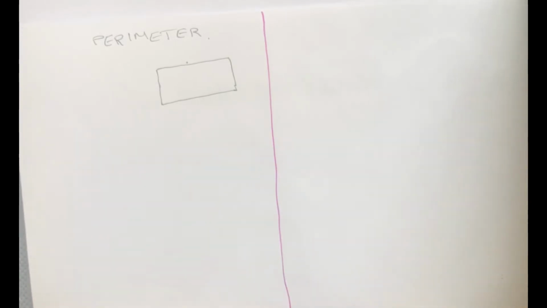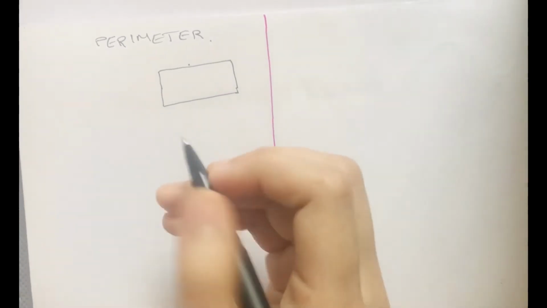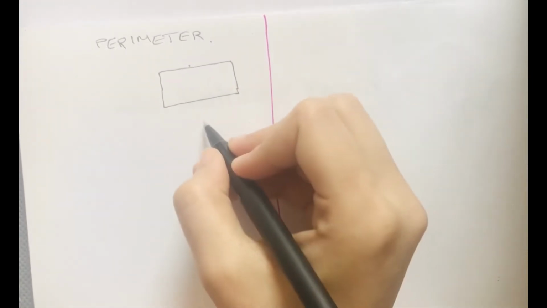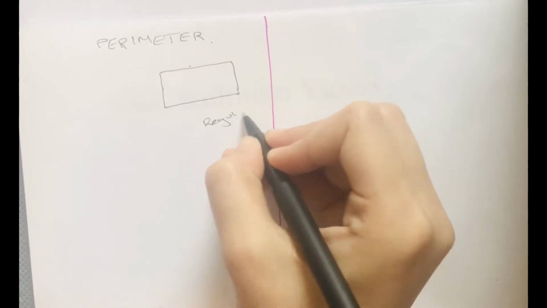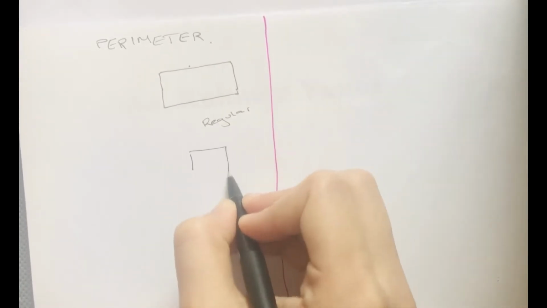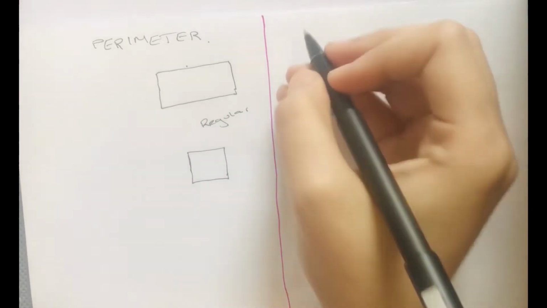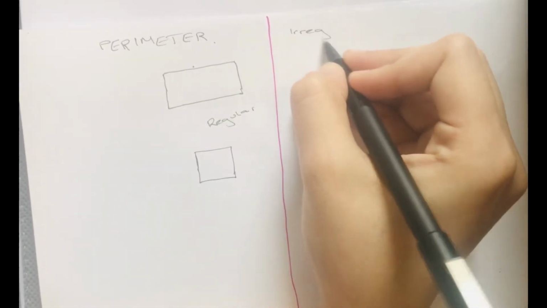Okay, so without wasting time, let's begin. Let's just start with the shape. This rectangle is a regular shape and so is a square. So these two are regular shapes while all other shapes are described as irregular.